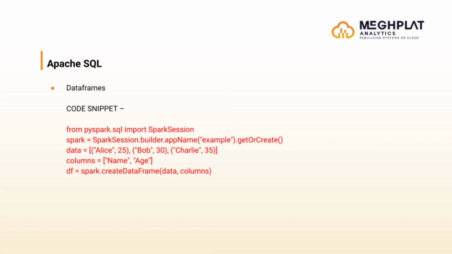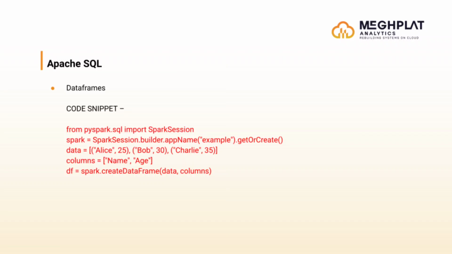Now for creating the data frame, we are going to use spark.createDataFrame with the data and the columns. So the output will be name with all the names which we have given in the data, and age will contain all the ages of those people.